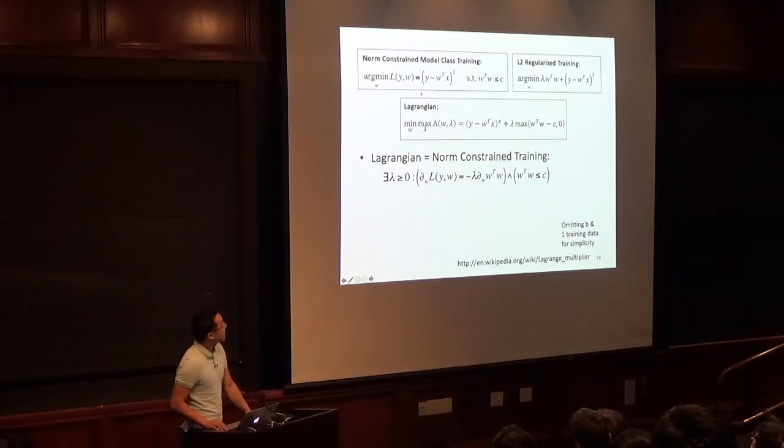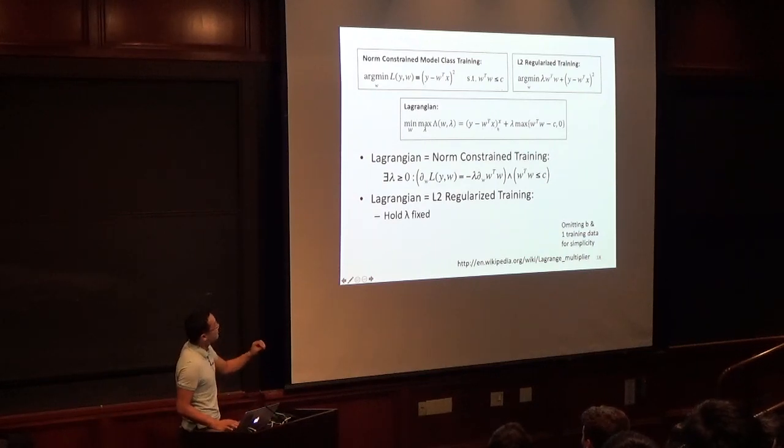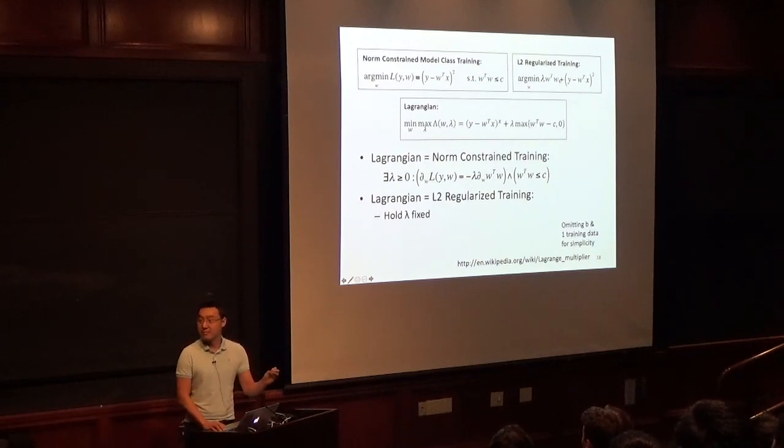Okay? For a fixed lambda, assuming that the solution is exactly C, the 2 norm of W is exactly C, which means this guy has the same solution as this guy.